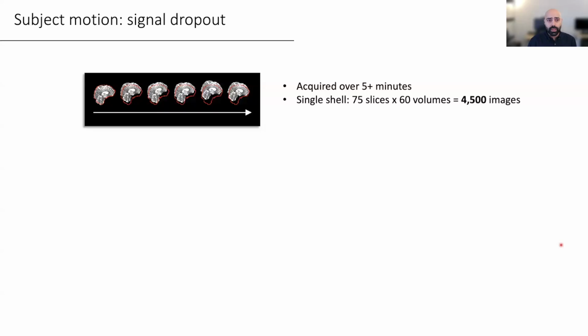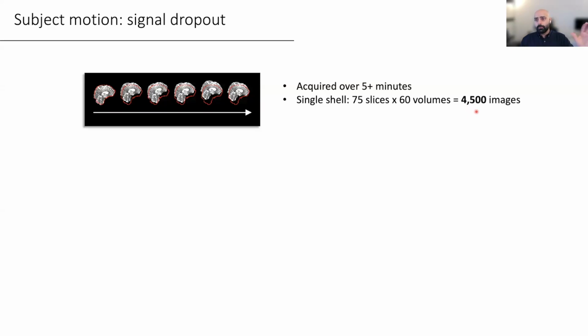So every single volume you acquire, every single snapshot of the brain, will consist of, as an example, 75 slices in the axial orientation, and you acquire, say, 60 diffusion volumes in the series, so that you're acquiring 4,500 images in a typical study.